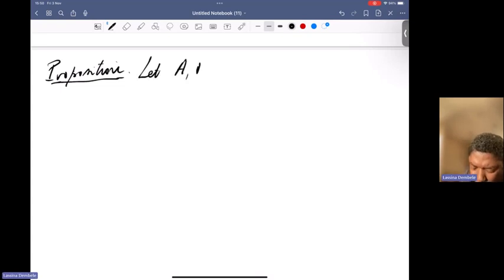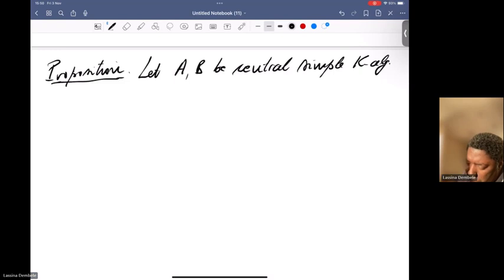Let A and B be two central simple K-algebras. The proposition says that the following are equivalent.